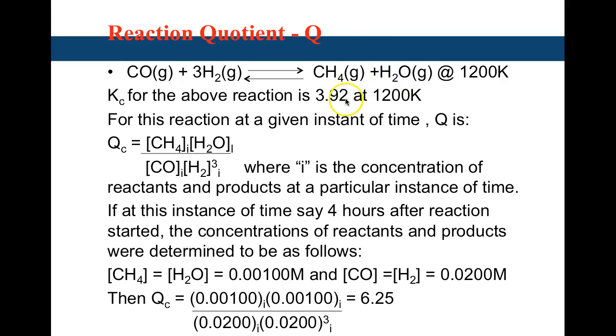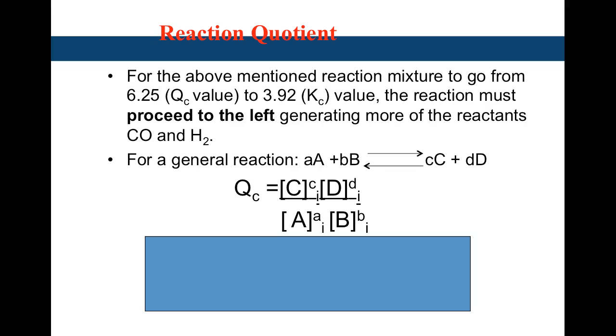So you would have to go in the reverse direction so as to get back to 3.92. So the reverse direction needs to happen to get back to equilibrium. The reaction must proceed to the left towards the reactant side, generating more of the reactants in order for Qc to match up to Kc.